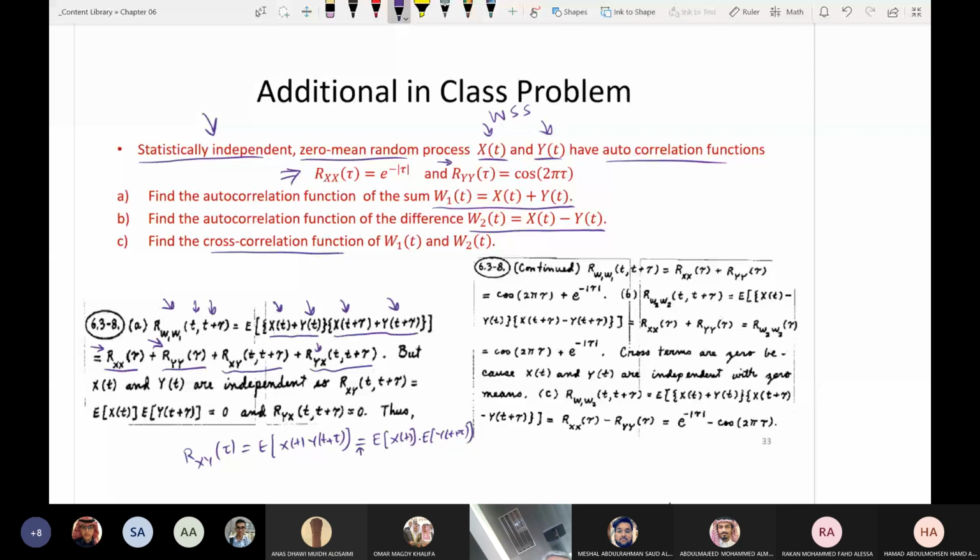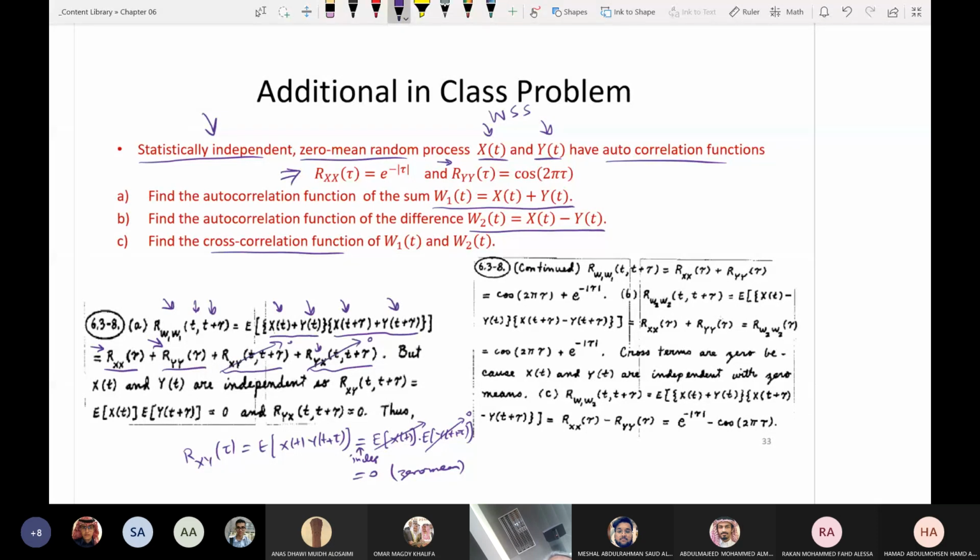Now, because they are zero mean, I get zero. Hence the cross correlation function is zero.